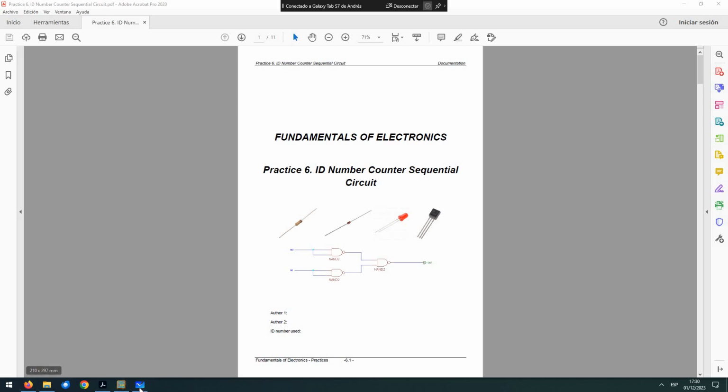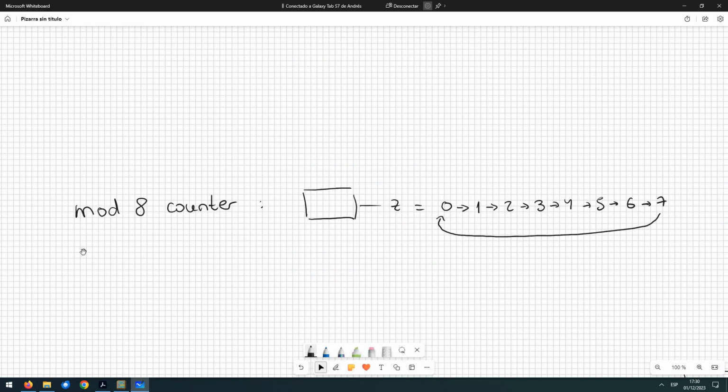In class we saw in the last lesson a mod 8 counter. This counter was a sequential circuit that generates at the output the sequence from 0 to 7. So we are going to have 0, 1, 2, 3 until 7, and we start again. We are going to have one transition with every clock cycle.